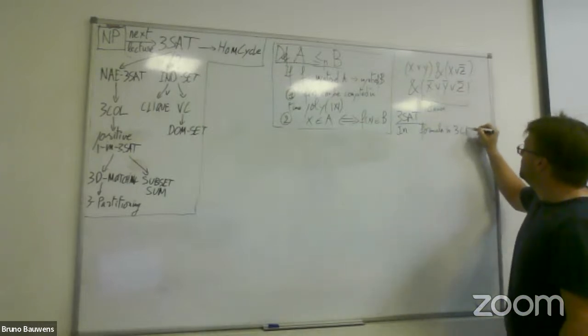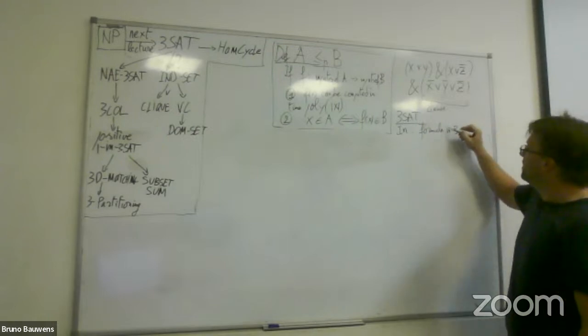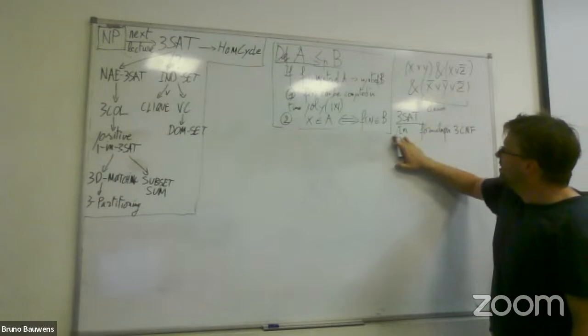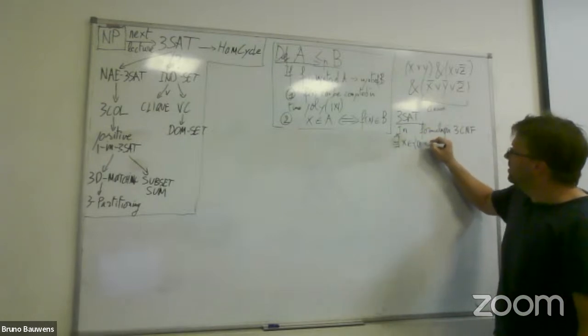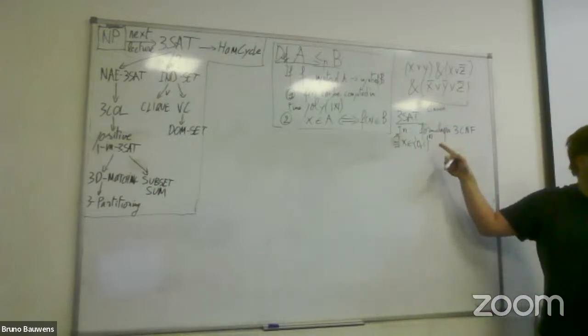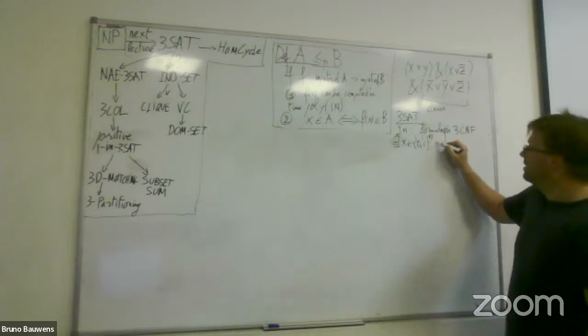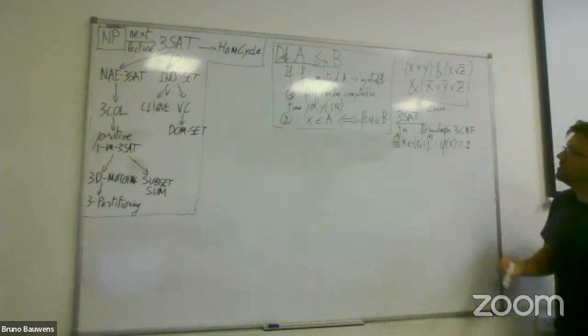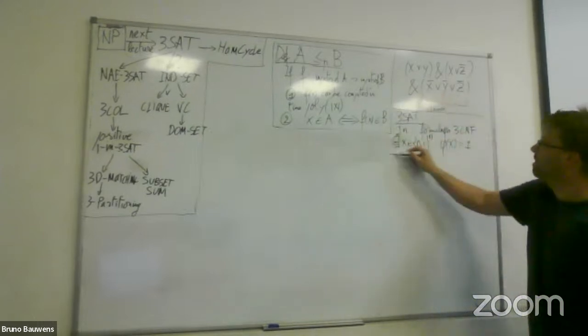Let's say formula phi, and the question is whether there exists x in {0,1}^n, where n is the number of variables, so we need n bits, such that phi of x is equal to 1. So that's the 3SAT problem.